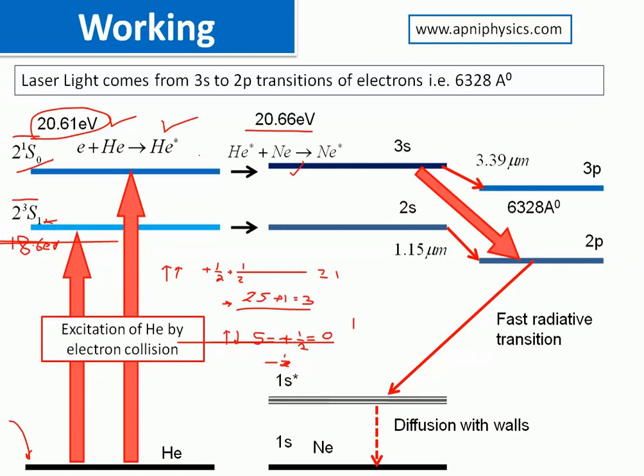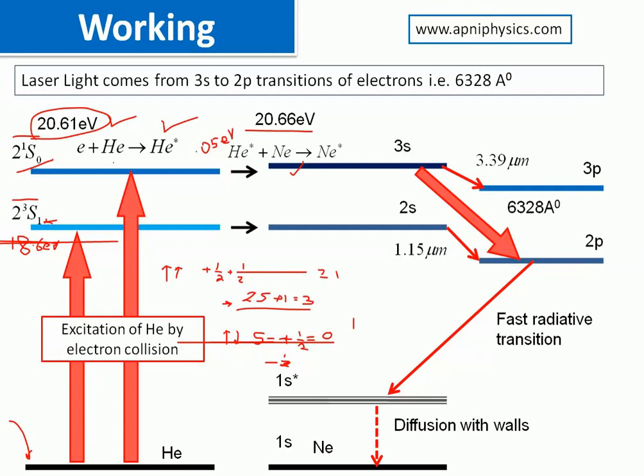Rest of the 0.05 electron volt energy, the difference between these two energies, from where does this energy come? Because this is 20.61 electron volt and this is 20.66 electron volt. So this 0.05 electron volt energy comes from the collision.